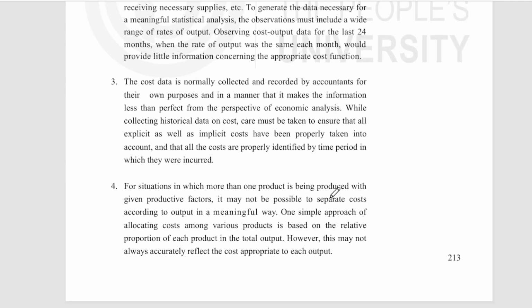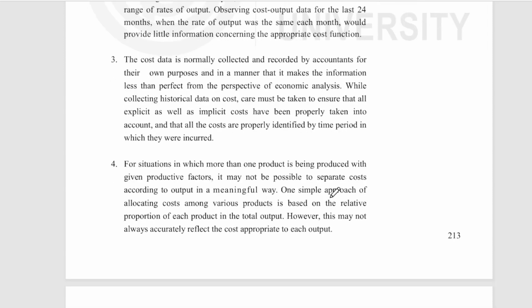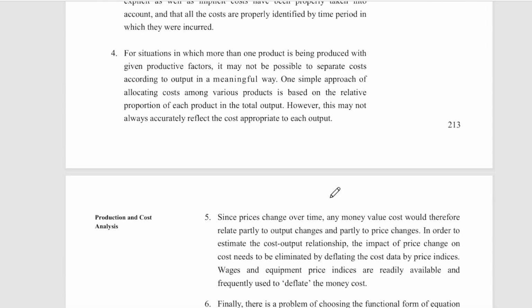And the third one is, the cost is normally collected and recorded by accountants for their own purpose and in a manner that makes the information less than perfect from the perspective of economic analysis. Fourth is, for a situation in which more than one product is being produced with given productive factors, it may not be possible to separate cost according to output in a meaningful way.